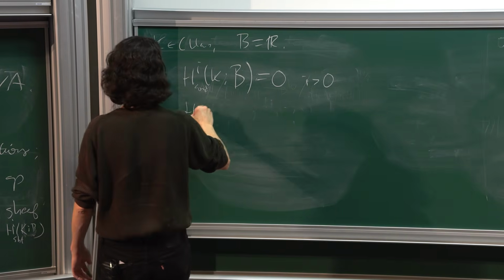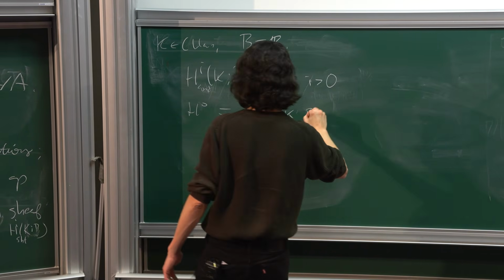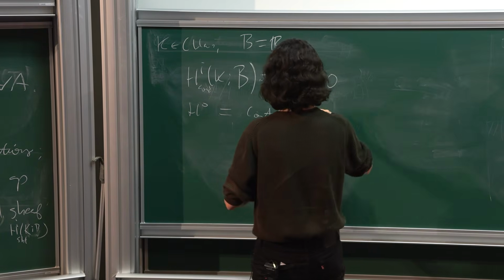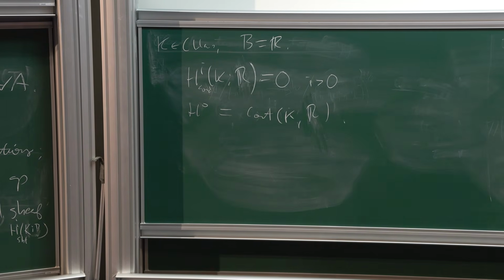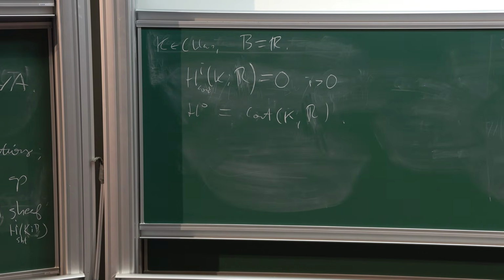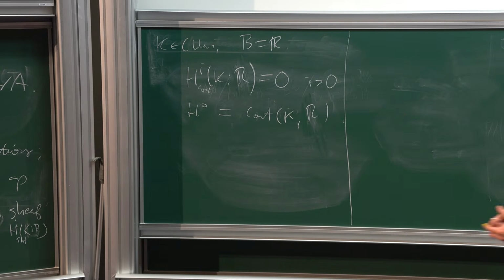And of course, H^0 is just the continuous maps from K to B. So in the end, these abelian statements, these Ext statements, you can reduce them to these non-abelian statements, these cohomology calculations. The precise mechanism for how that happens is not relevant for us, but we will also be using such cohomology calculations, so I wanted to mention them.